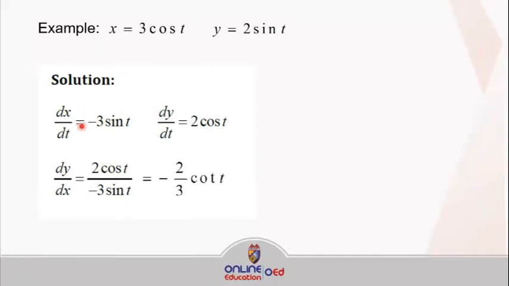And then, if we are going to get the value for dy over dx, sabi natin kanina is naka-divide lang siya. We have here the value of dy over dt and the value of dx over dt. So, we have 2 cosine t over the negative 3 sine t. And the value for cosine over sine is equivalent lang siya sa cotangent. Therefore, ang answer natin for this problem is negative 2 over 3 cotangent t.